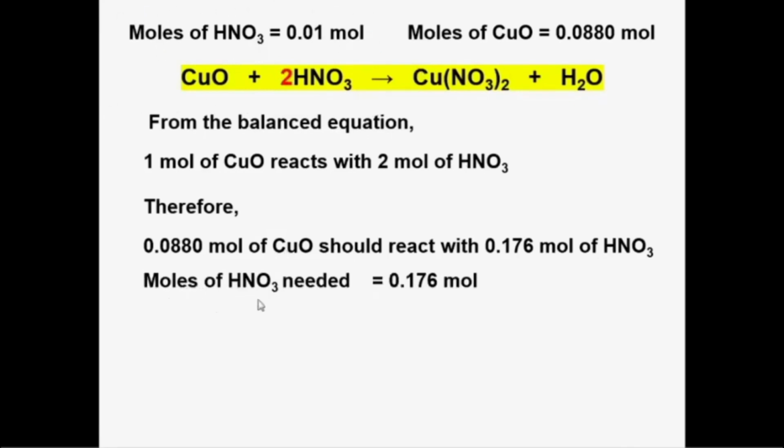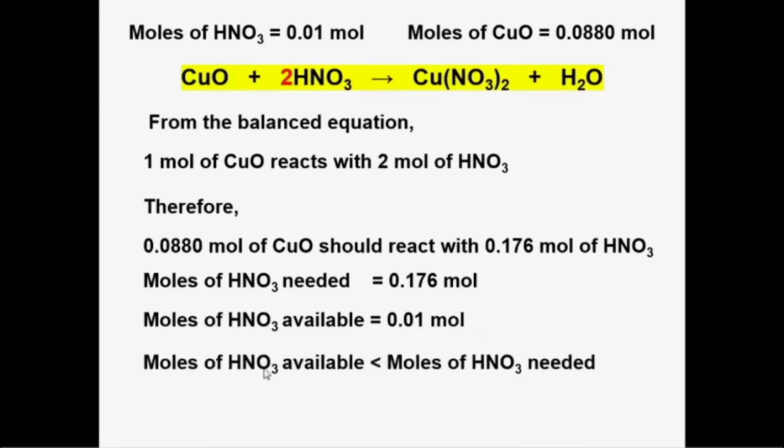The moles of nitric acid needed to react with 0.088 moles of copper oxide is 0.176 mole, but the moles of nitric acid available is just 0.01 mole. If we compare these two, the moles of nitric acid available is less than the moles of nitric acid needed.